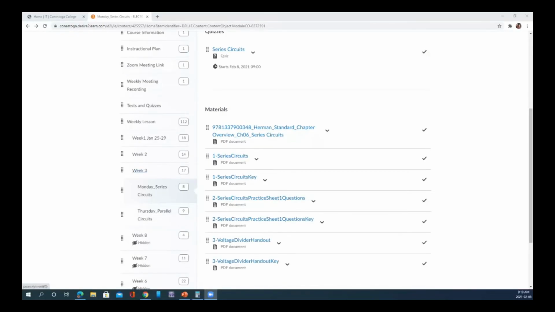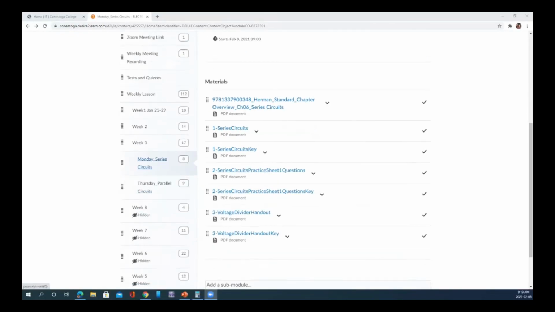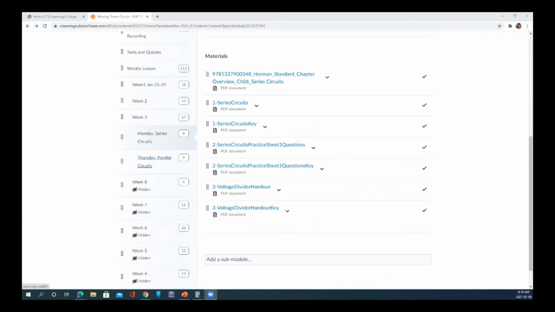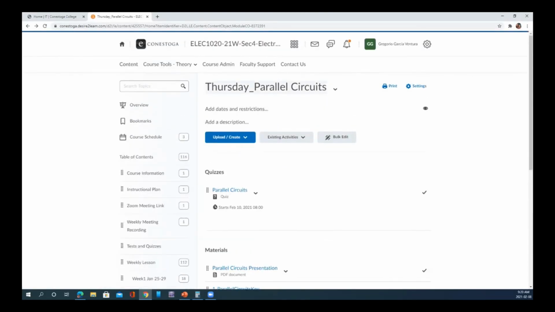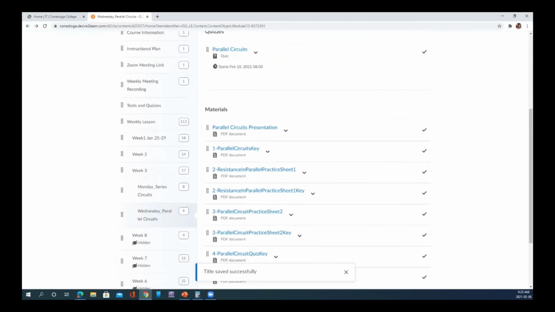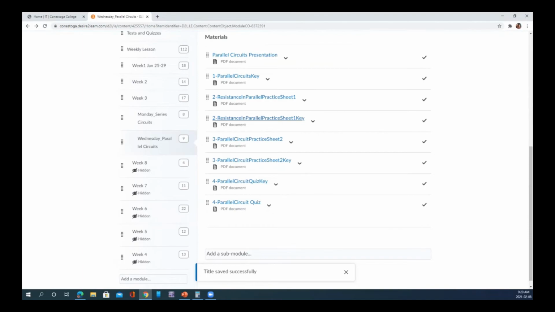Under Econestoga, even when I said Thursday for parallel circuits, I would recommend that, actually I'm going to change it to Wednesday. It's just to give you an idea that by Wednesday you should be able to be there on parallel circuits, solving all these handouts called parallel.